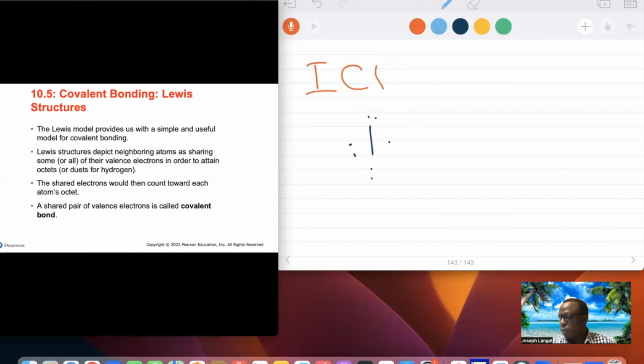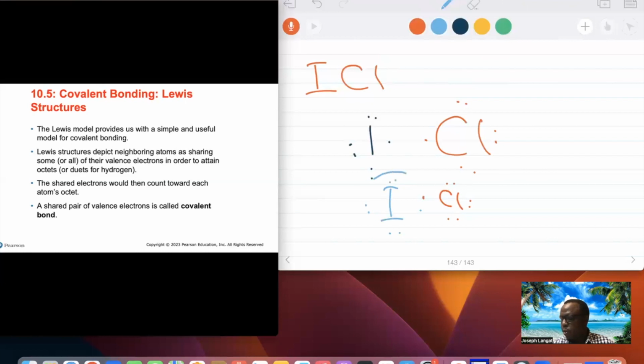Let's say we have chlorine here: 1, 2, 3, 4, 5, 6, 7. Each one of them has 7 valence electrons. So this will form an octet with Cl. Remember, you pair them up. And the iodine here will also have these 2 paired up.